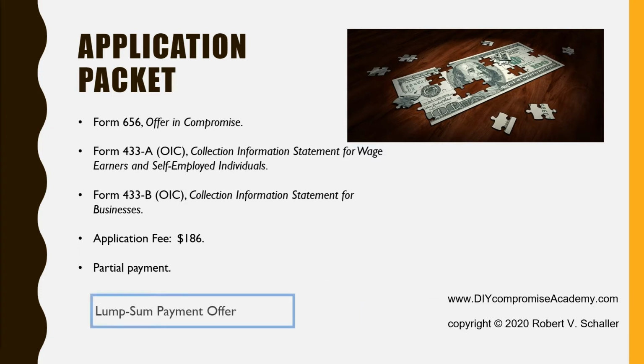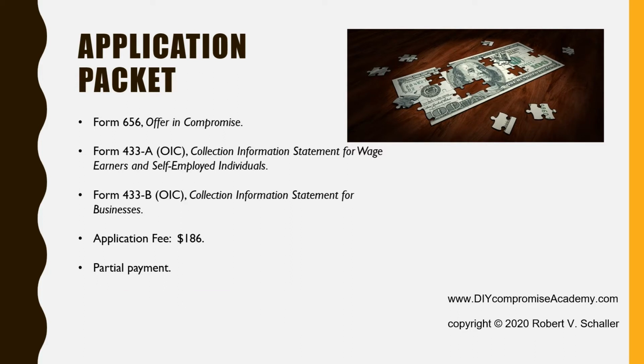A lump sum payment offer, one that is payable in 5 or fewer installments, must be accompanied by the payment of 20% of the amount of the total offer. Alternatively, a periodic payment offer, one payable in 6 or more installments, must be accompanied by the payment of the amount of the first proposed installment, and additional installments must be paid while the offer is being evaluated by the Internal Revenue Service.